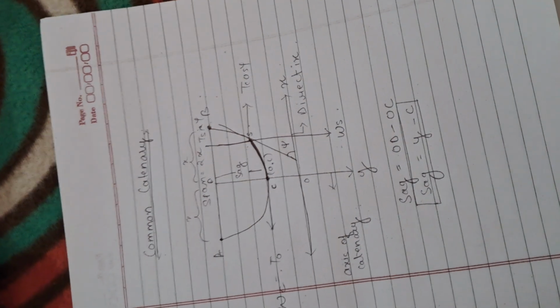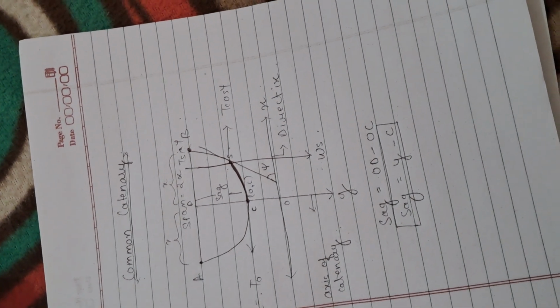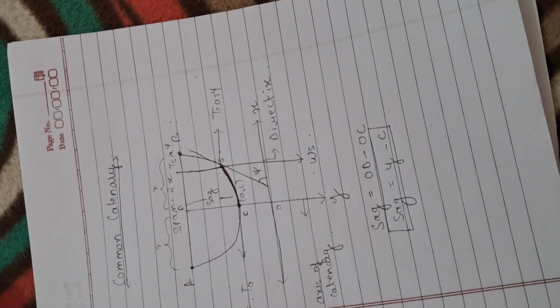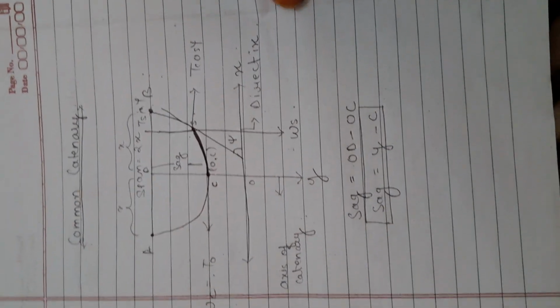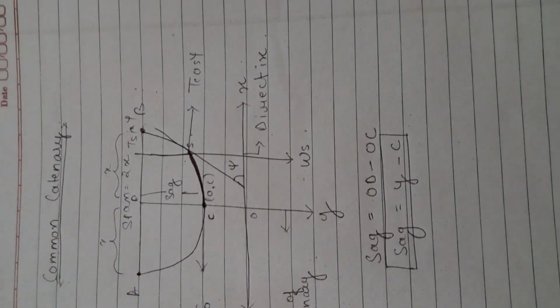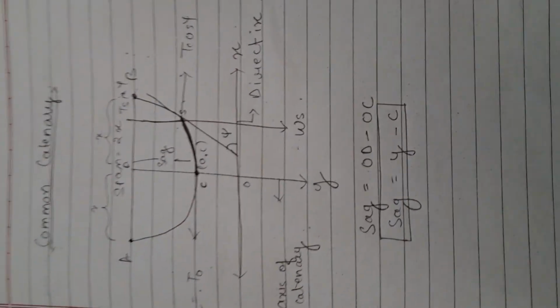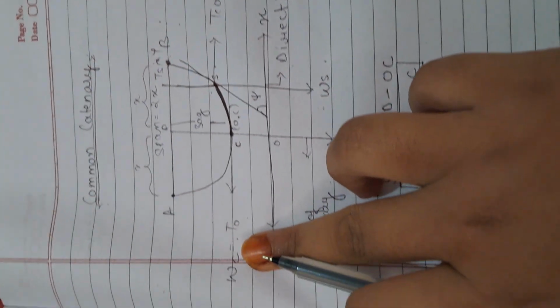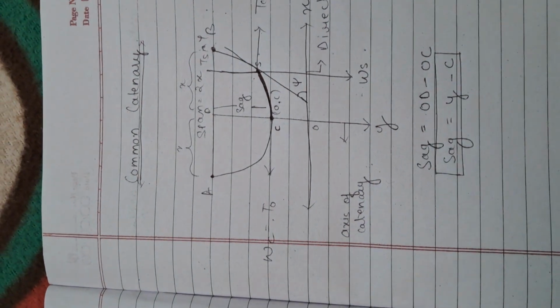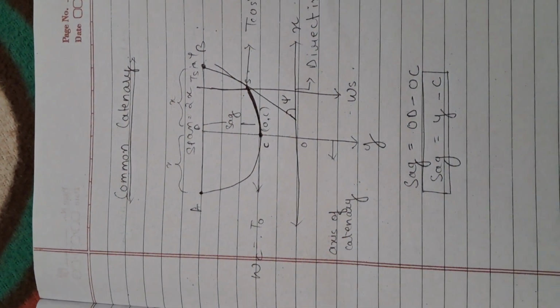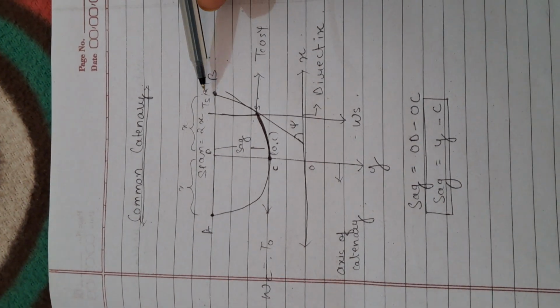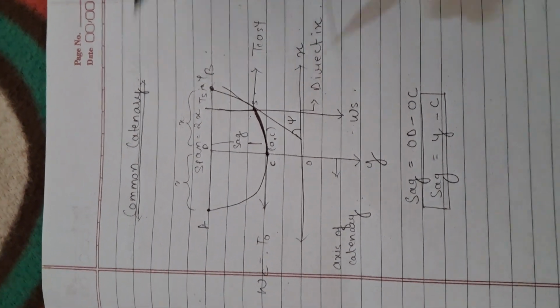Now we will derive the intrinsic and Cartesian equations of the common catenary. First the intrinsic equation. We consider the catenary in equilibrium position. Then T cos psi will be equal to WC, which is the tension T naught, and T sin psi will be equal to WS.